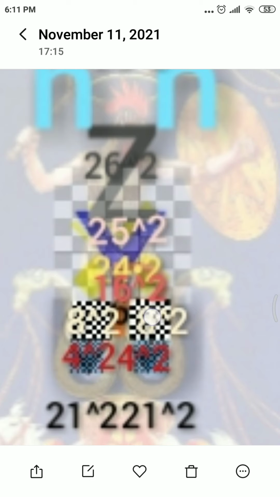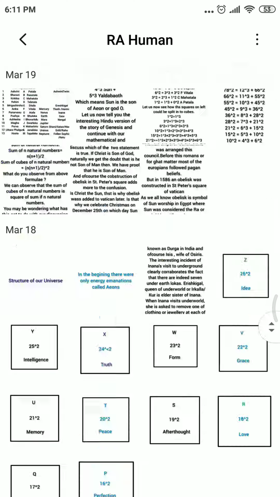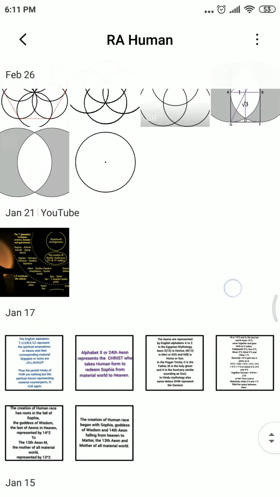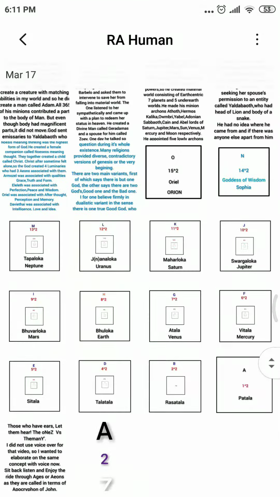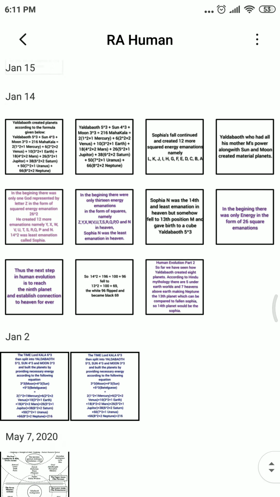Basically, I have in fact shown you the letters which represent which planet, earlier, when we saw those.